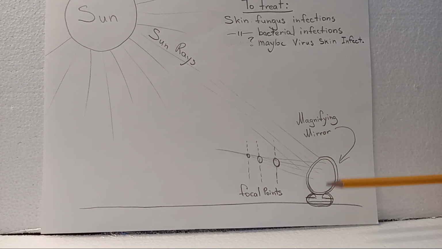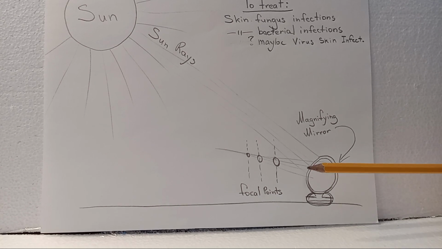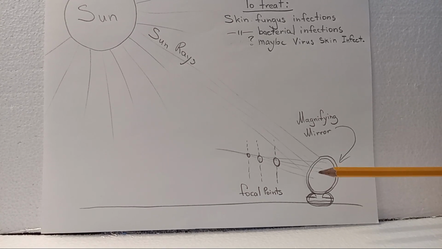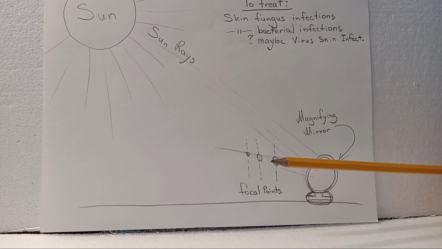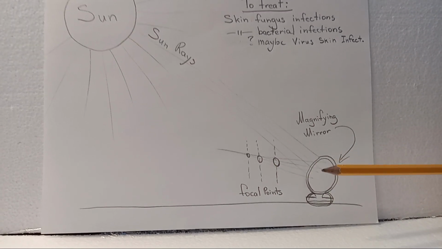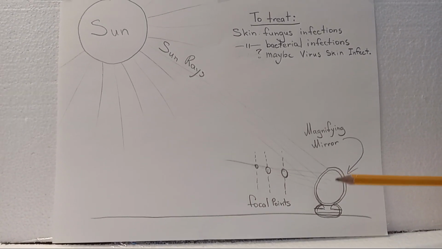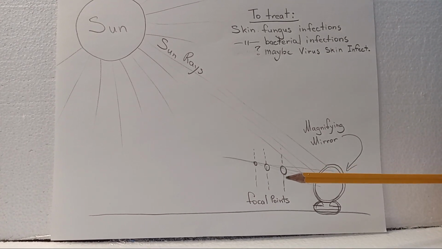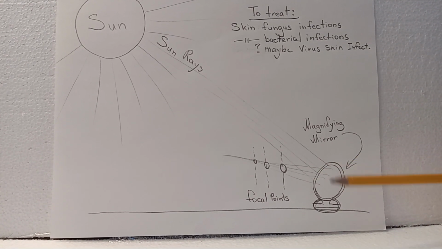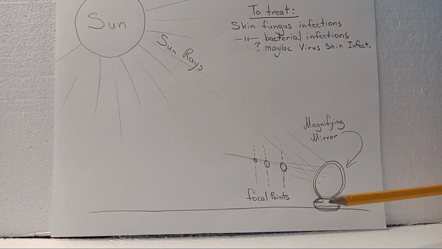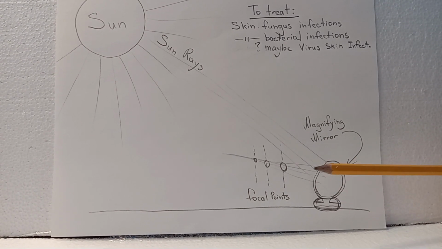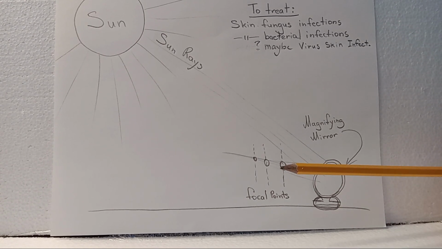This is the mirror that has a bend inside it, and then it focuses the light into a point. So by using this mirror, I can focus light. For example, if this is 10 inches, I can focus all this 10 inches of sunlight into like 1 inch, making it 10 times more concentrated.